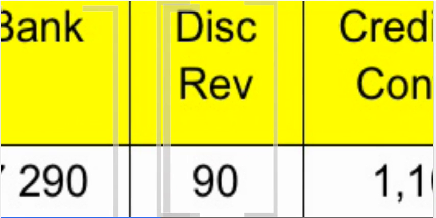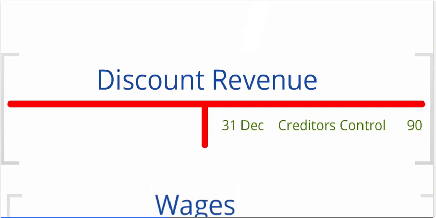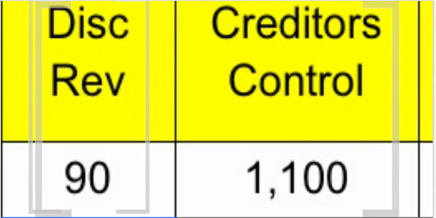Discount revenue is an interesting one. The actual value of the amount of reduction that we actually have to pay to the creditors for paying promptly means that we've actually reduced a liability and at the same time increased owner's equity. So we've actually satisfied the definition of revenue there. So when revenue goes up, it increases owner's equity via the profit. So we do a credit entry, and the other account affected is of course the creditor's control, because it reduces what we owe them.